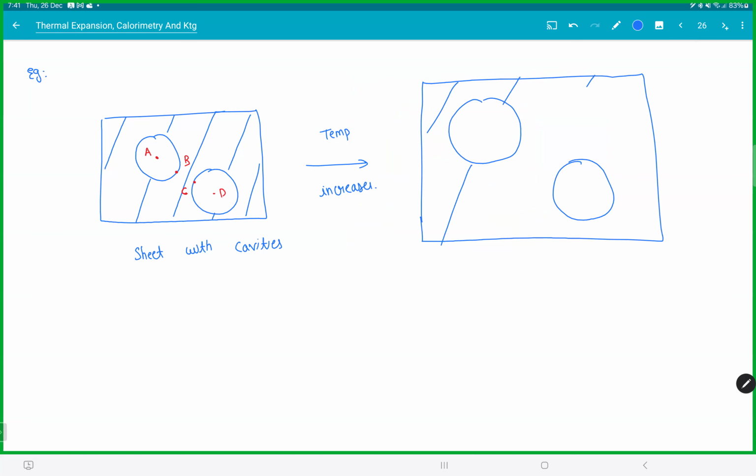Everything increases. AB increases, BC increases, CD increases. Every distance increases by a factor of 1 plus alpha delta t, whether you have a cavity or no cavity, it doesn't matter.